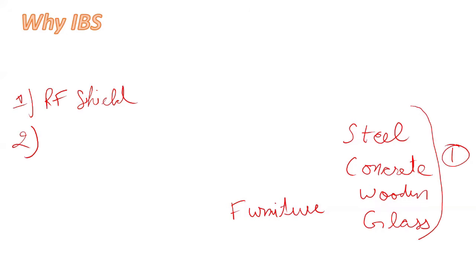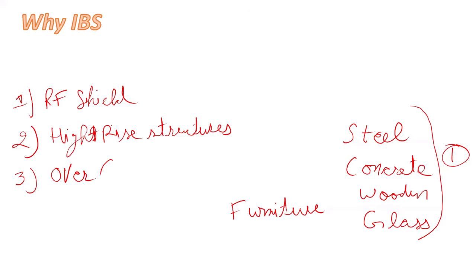The second one is high-rise structures. A high-rise structure may also experience high RF interference from nearby cellular towers, which can further degrade service. The third reason can be overcapacity, right? Too many people occupying a small space is the third cause of poor mobile device reception. These factors combine to cause poor cellular device reception.